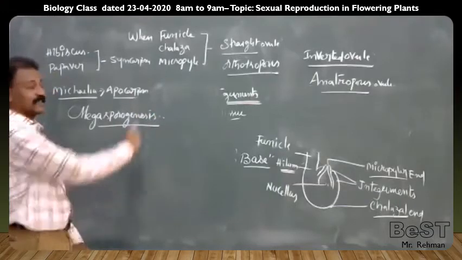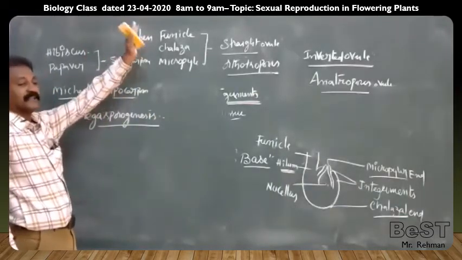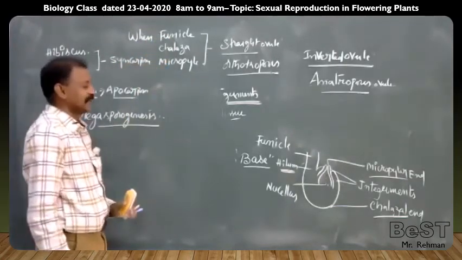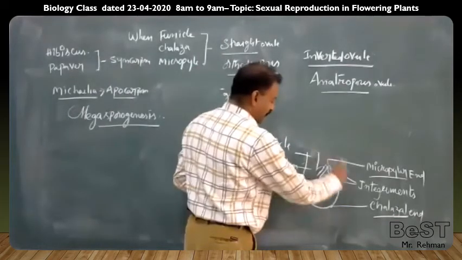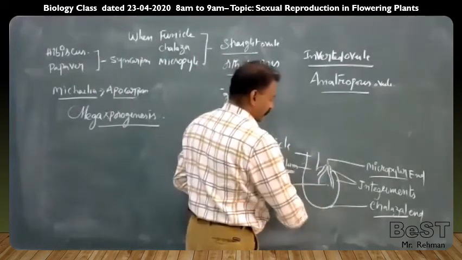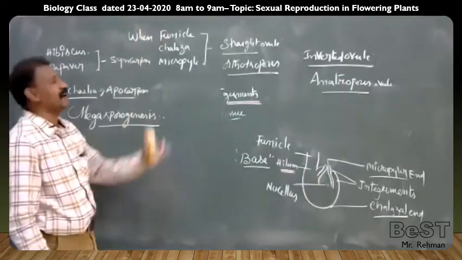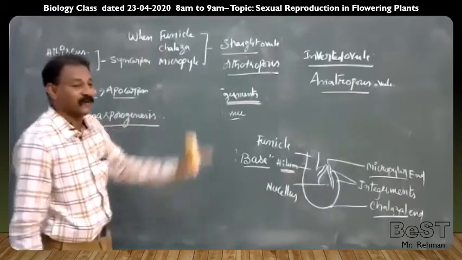A process similar to microsporogenesis. How microspores are formed in the androecium and stamens, in the anther, we have seen like that. In the ovule, how our female gametophyte or embryo sac or megaspores are developed or formed.